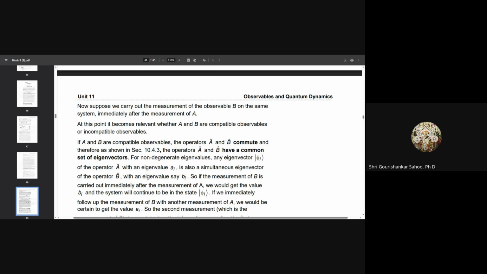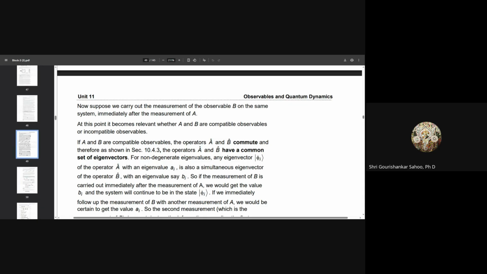If A and B are compatible observables, the operators A cap and B cap commute, and therefore, as we have discussed earlier, the operators A cap and B cap have a common set of eigenvectors. For non-degenerate eigenvalues, any eigenvector phi_i of the operator A cap with an eigenvalue a_i is also a simultaneous eigenvector of the operator B cap with an eigenvalue, say b_i. So if the measurement of capital B is carried out immediately after the measurement of capital A, we would get the value small b_i, and the system will continue to be in the state phi_i.